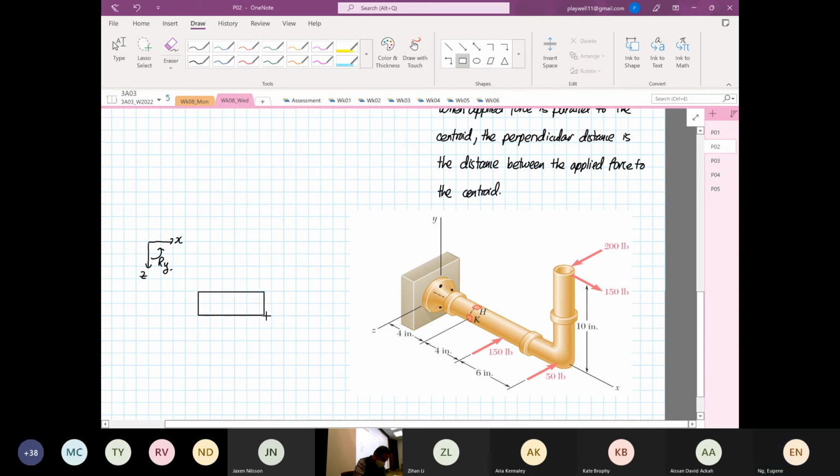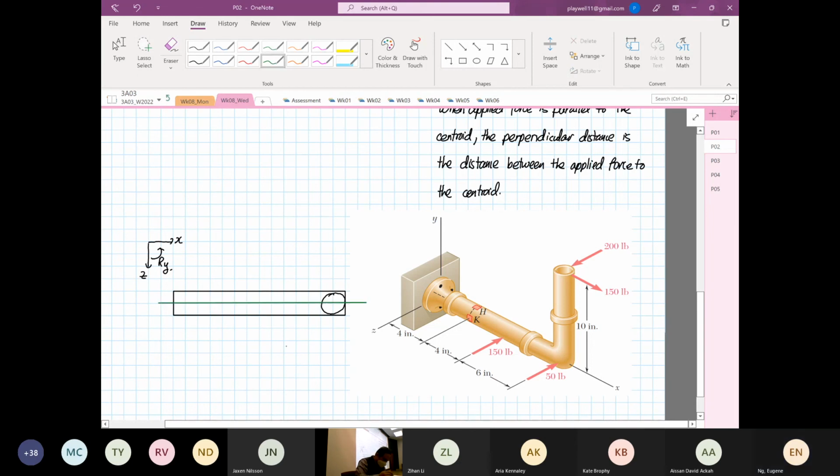4, 4, 6. And then there's a circle down here. Then again, construct your centroid that's related to the elements.